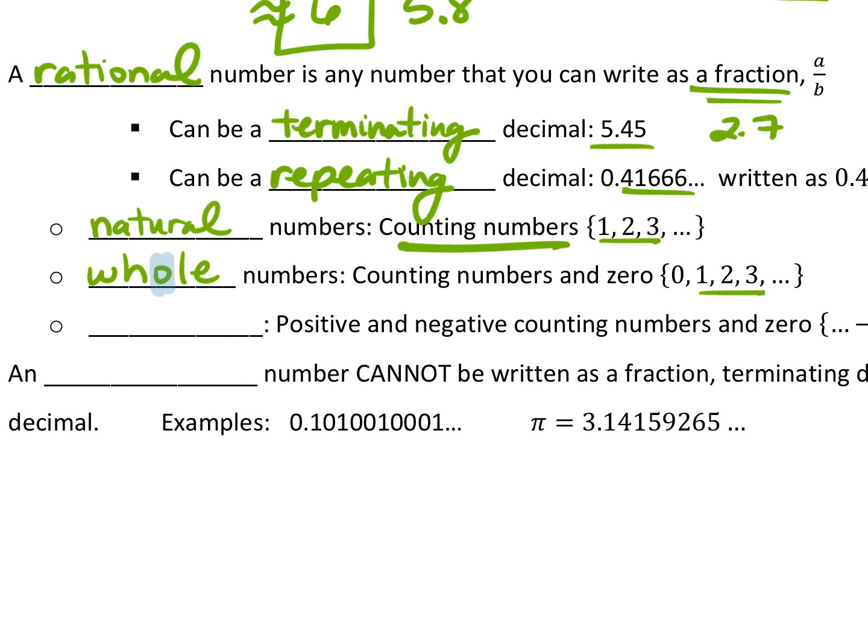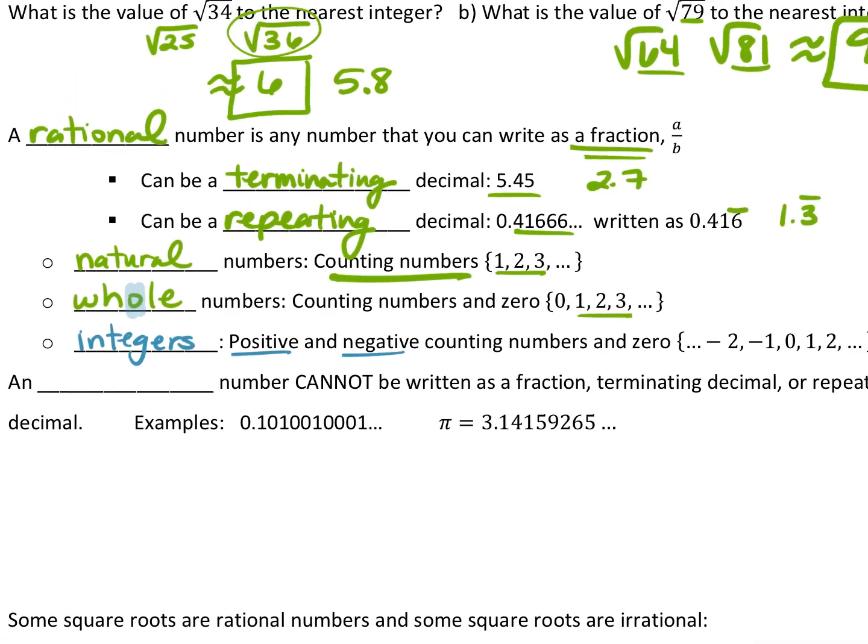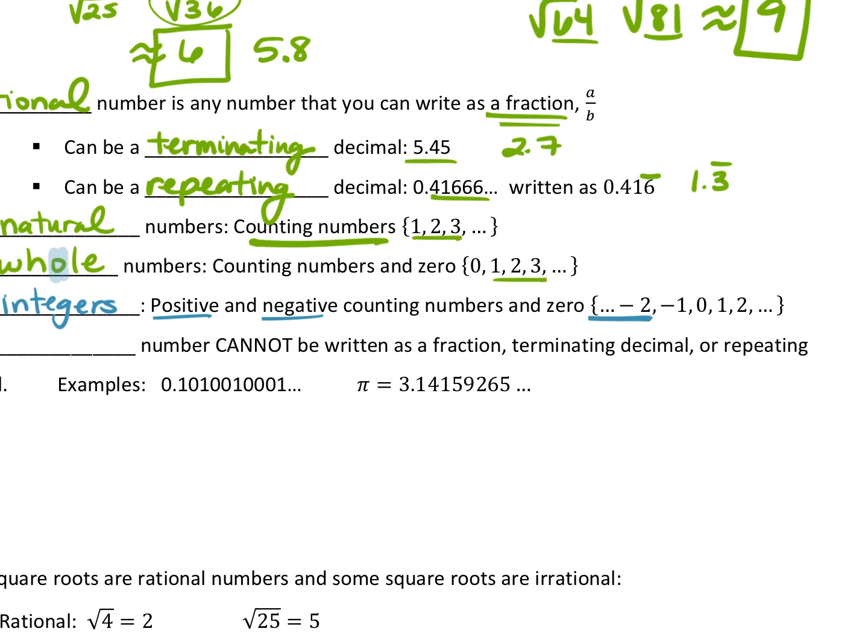So does anyone know what the positive and negative whole numbers are? -2, -1, 0, 1, 2. Those are integers. Okay, and you can see that here. They keep going in both directions, off into the negatives, off into the positives.